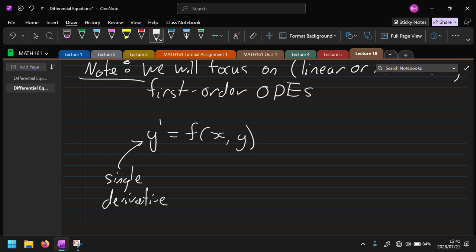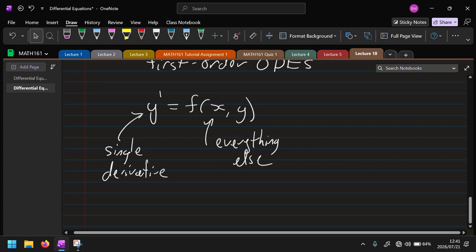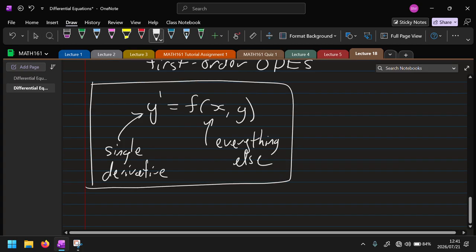It could be linear, it could be highly non-linear, whatever mixing going on, we push that to the right-hand side. This f of x, y could be quite complicated, but whatever it is, we leave it on that side. This will be the standard form that we're going to be looking at today.